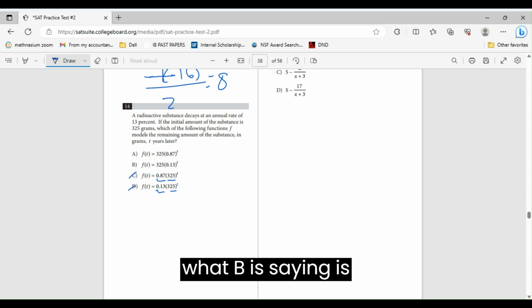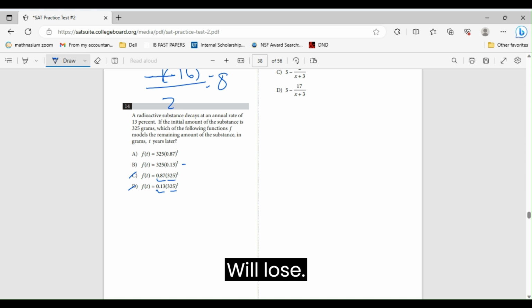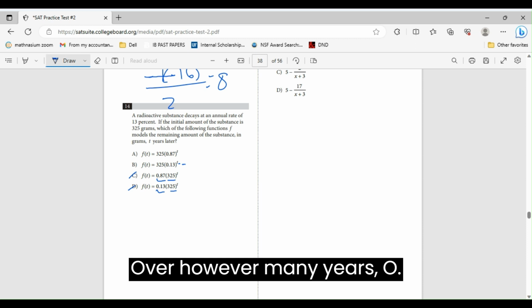And so what B is saying is that our radioactive substance will be reduced to 13% of its original value over however many years.